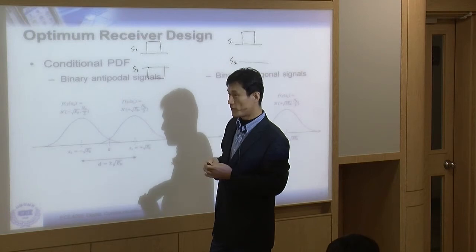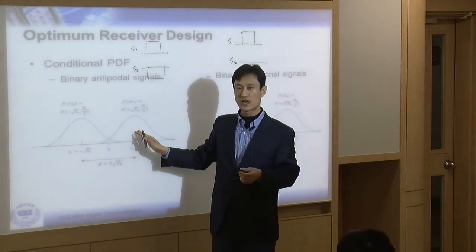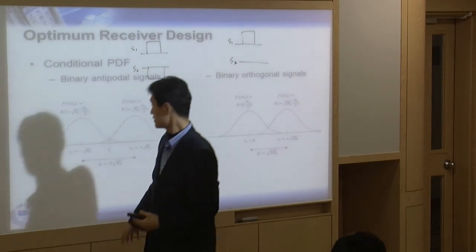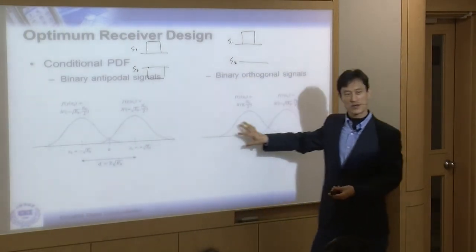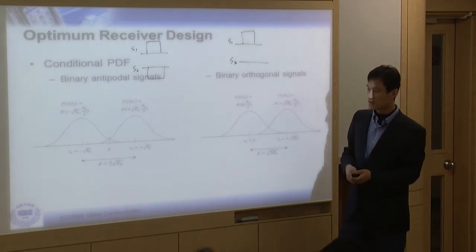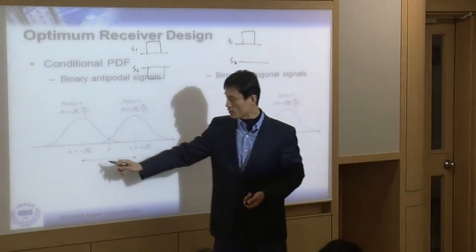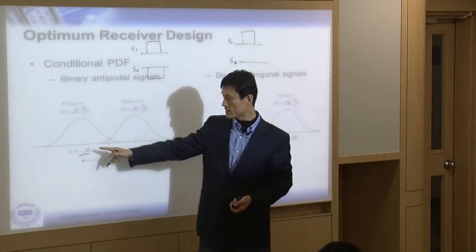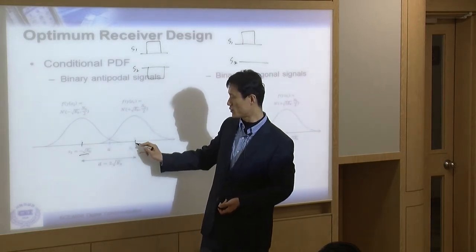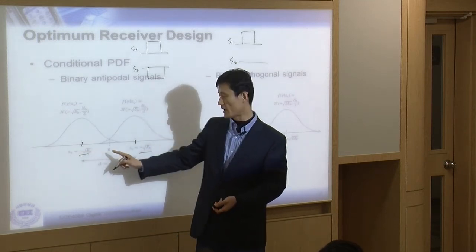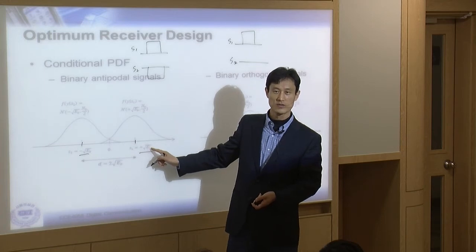So when you look at these two Gaussians, this picture and this picture look almost the same. The only difference is that the actual S1 and S2 values are different. Here is S2, here is S1, but S2 is some negative value and S1 is some positive value.